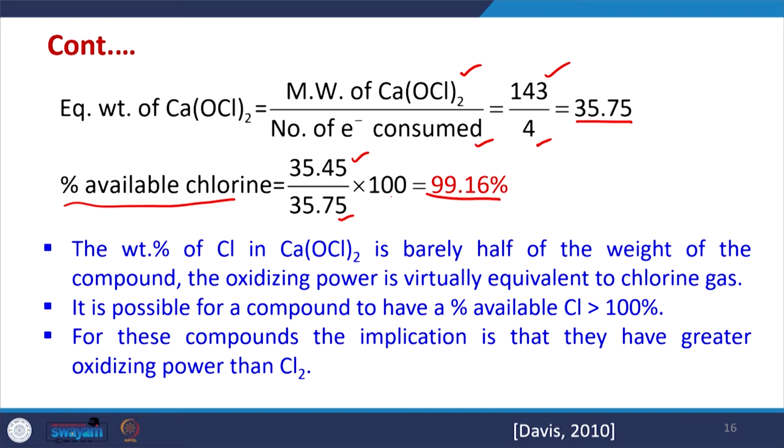It is possible for a compound to have a percentage available chlorine greater than 100% or nearly equal to 100%, and for these compounds the implication is that they have very high oxidizing power in comparison to Cl2 itself. If they have more than 100%, since we are comparing with respect to Cl2, they can have more oxidizing power than Cl2 itself.